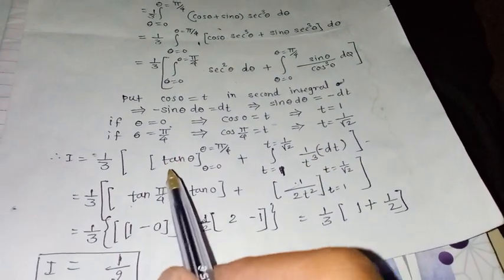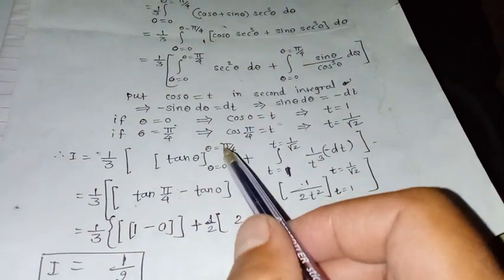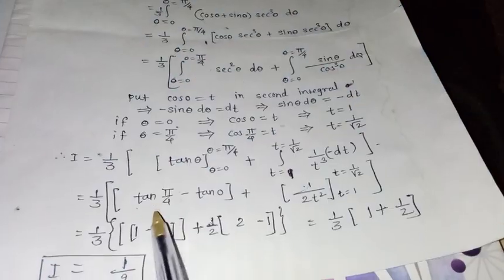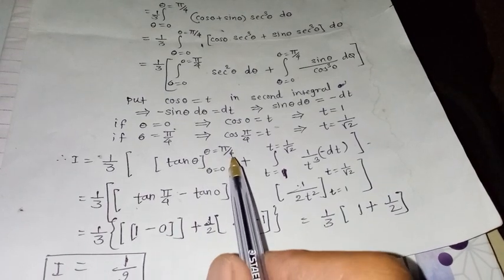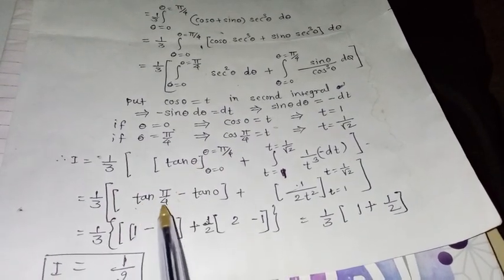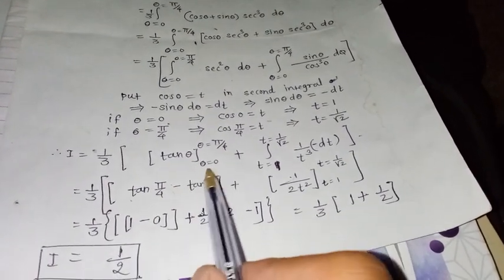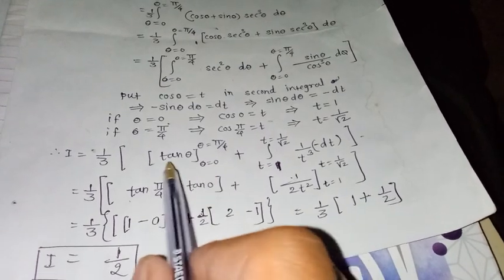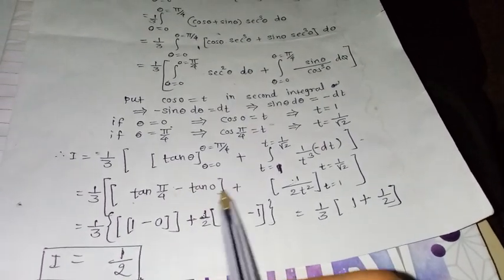Now in the next step we are putting the upper limit and lower limit in this first integral, that is if I put theta equals pi by 4 in tan theta, we'll get tan pi by 4 minus, if I put theta equals 0, that is the lower limit, then we'll get tan 0, plus.